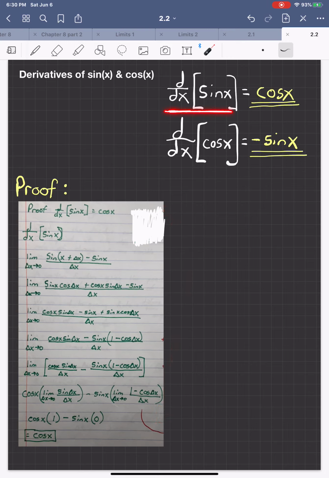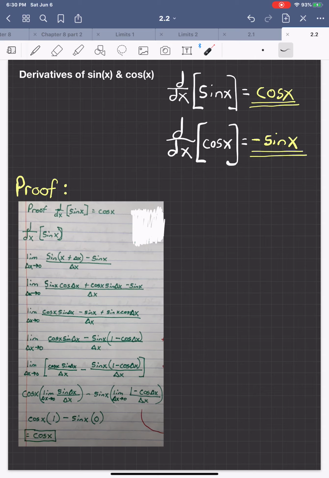The derivative of sine of x is cosine of x. The derivative of cosine of x is negative sine of x. Now, I'm going to show you how you can take the derivative of sine of x using the limit definition, and how you would arrive at cosine.